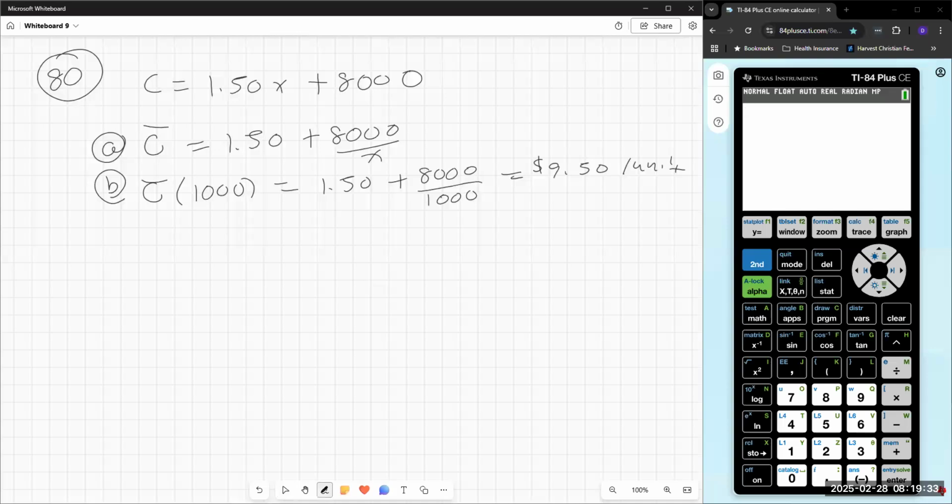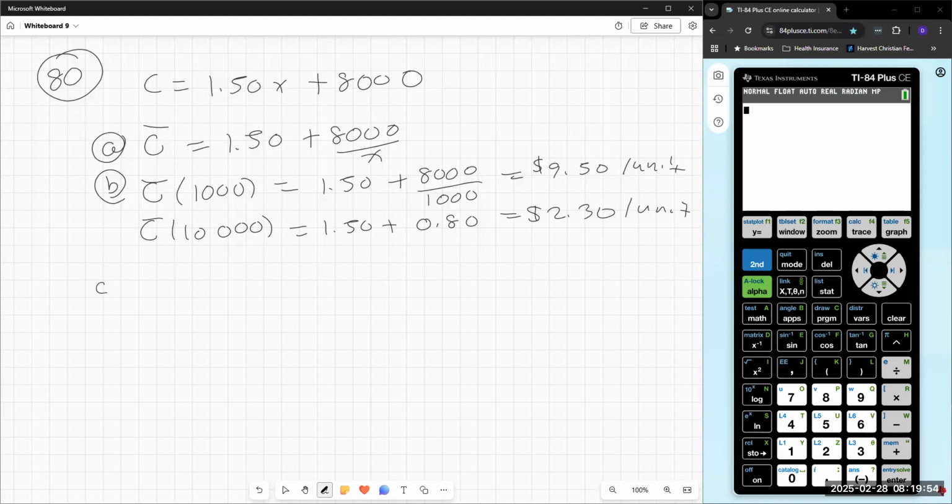And then C bar of 10,000 is 1.50 plus 0.80, which will be $2.30 per unit.